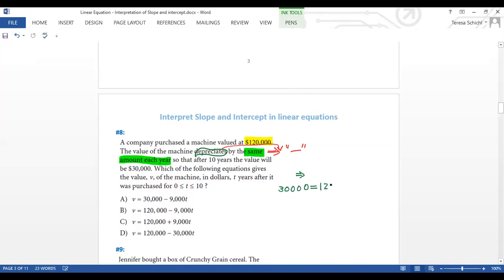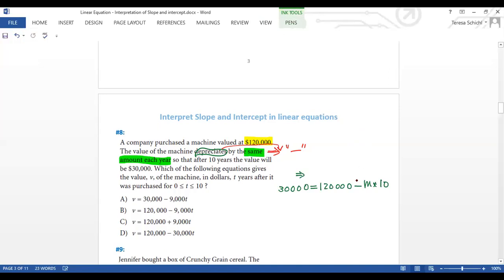So I start with 120,000, and then every year I subtract m, times 10 years, right? So here is very important, right?